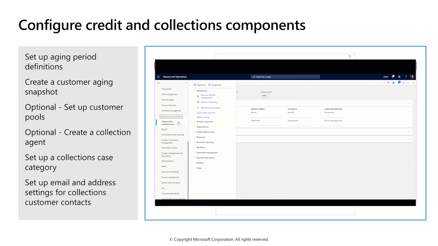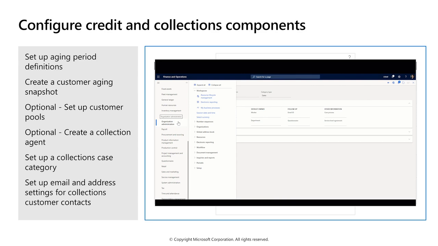Use the collection agent page to set up employee and contracts as a collection agent and optionally assign customer pool to them. A collection agent is a person who works with the customers to make sure that payments are collected in a timely manner. If multiple people in our organization do collections work, we can set up collection agents who are set up as users on the user relationship page.